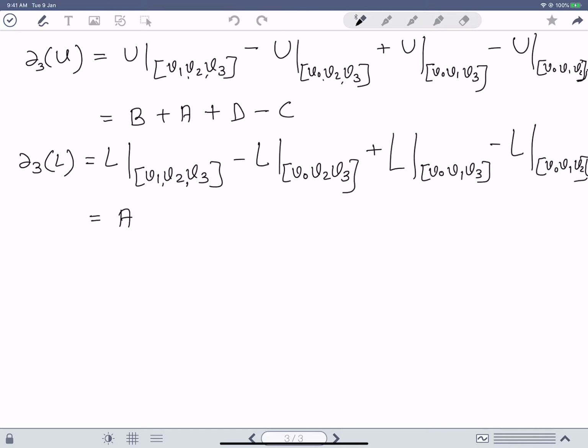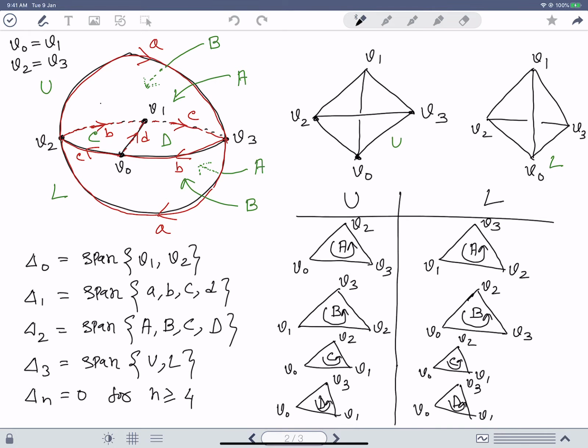Okay, now next one is L restricted over V0, V2, V3. Go here. So V0, V2, V3. That's when we have the front side of L. So that is the map B. That is the triangle B, right? Now look at B, this one.